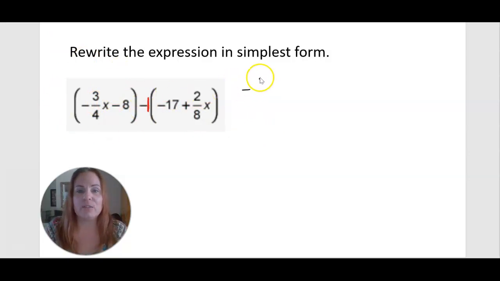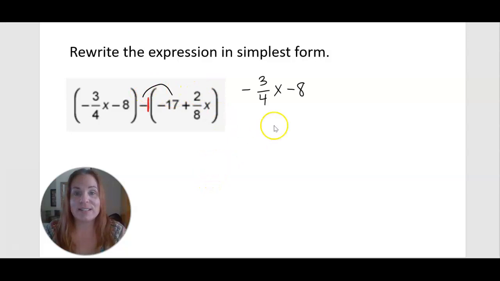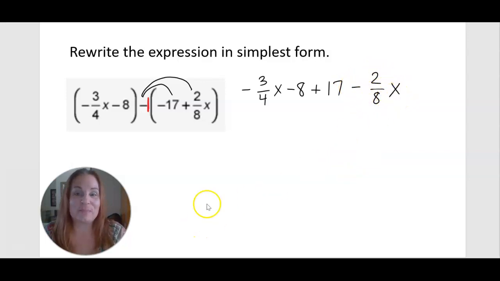I've got negative 3/4 x minus 8. And now I'm going to distribute the negative 1. So negative 1 times negative 17 is positive 17. And then negative 1 times positive 2/8 x is negative 2/8 x.